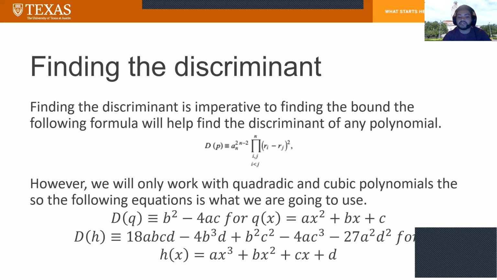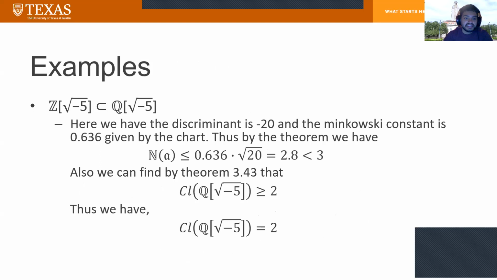The discriminant of a quadratic is b squared minus 4ac, and the discriminant of a cubic is 18abcd minus 4b cubed d plus b squared c squared minus 4ac cubed minus 27a squared d squared, and that's for cubic. It's quite the mouthful, but necessary.